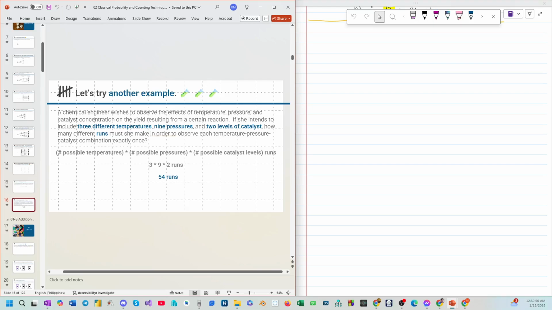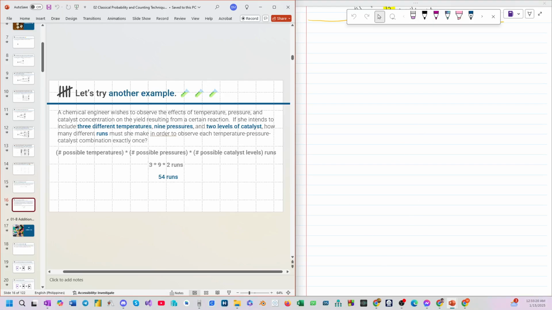If she intends to include 3 different temperatures, 9 different pressures, and 2 levels of catalyst, how many different runs must she make in order to observe each temperature, pressure, and catalyst combination exactly once? So, let's solve muna.